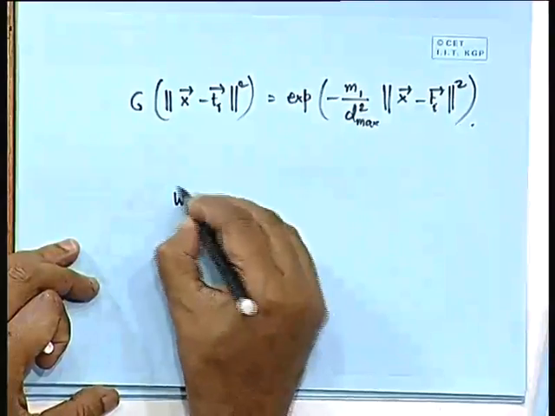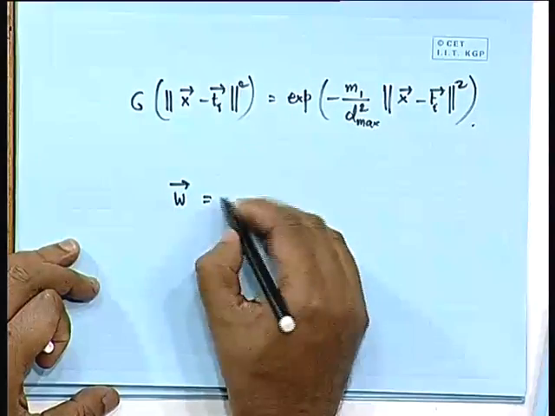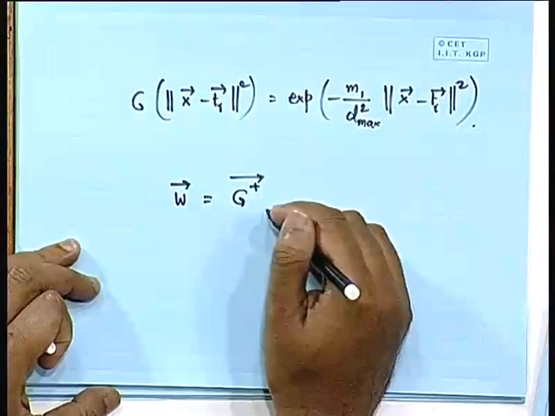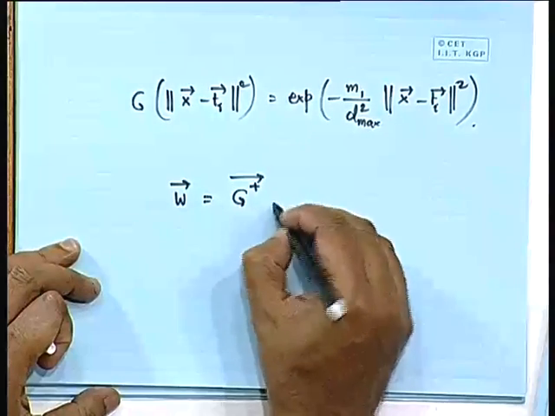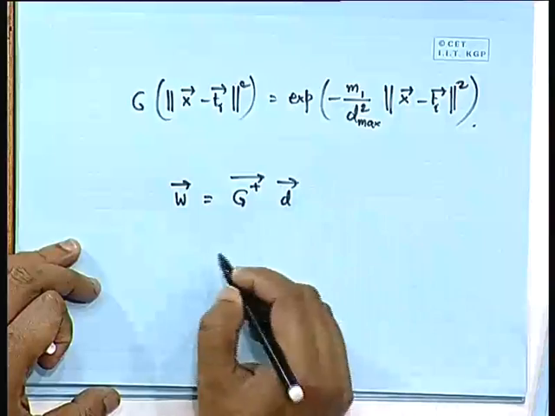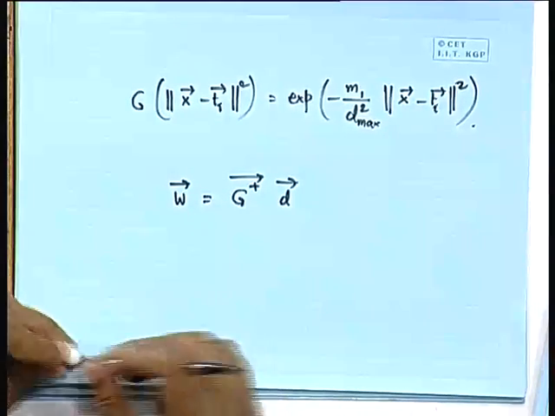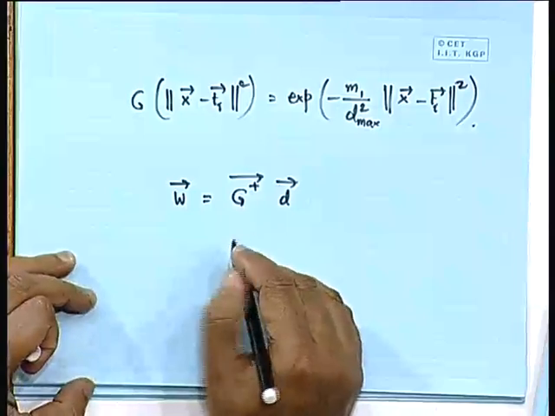And synaptic weights, we know, because in the last class we obtained a solution of the weight vector as G plus D, where D is the desired response vector and G plus is the pseudo inverse of matrix G.